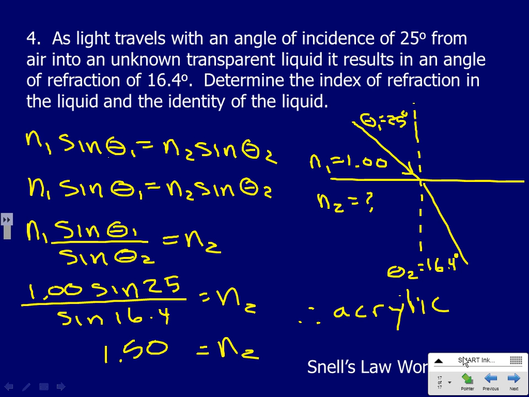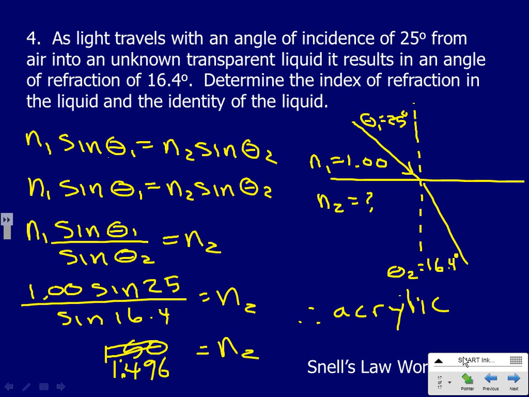Question. Oh, then it can't be acrylic, can it? Was there another one? Yeah, it's 1.47? 1.4968?